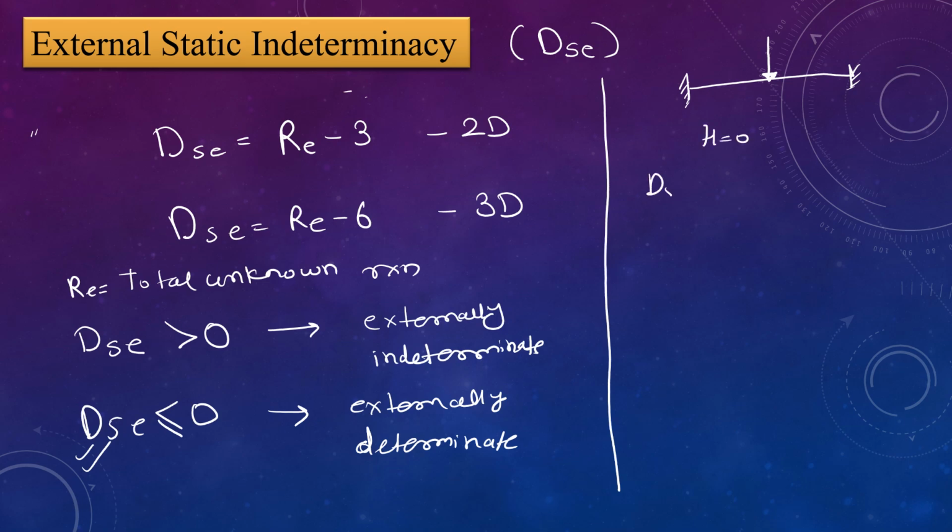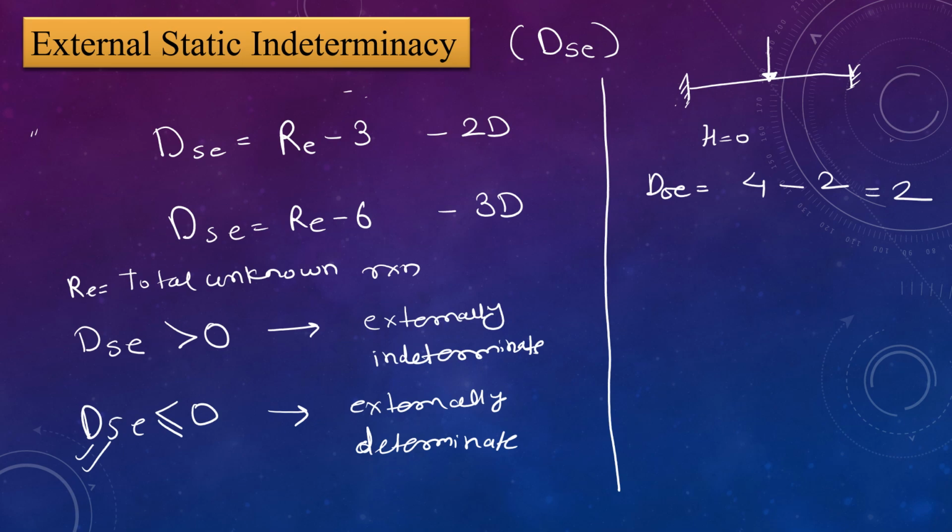So you can replace this 3 with 2, because only 2 equilibrium conditions are required here. If you calculate by the formula you get the same value, but when there is a point load you take 2 equilibrium equations, and you neglect the horizontal reactions, so 2 from this side, 2 from this side, you get 4. So 4 minus 2 is equal to 2.